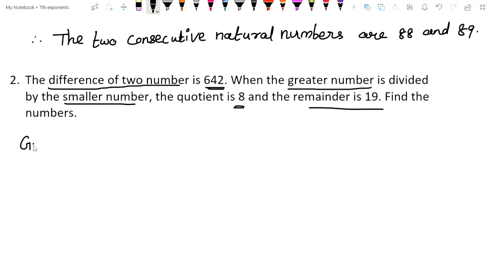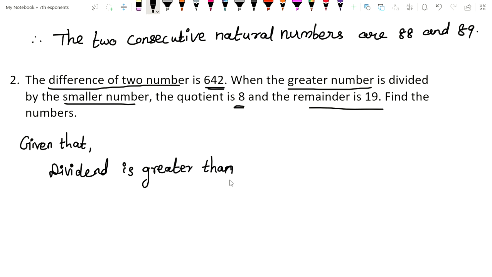Okay. So what is given in the question? Given that dividend is greater than divisor by 642, because the difference of two numbers is 642.